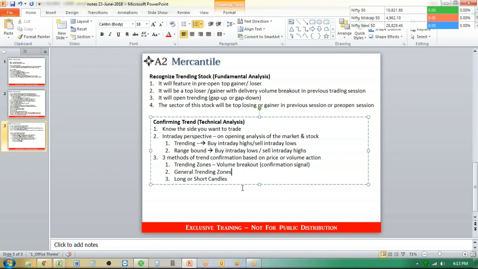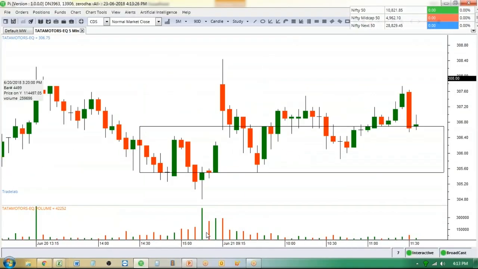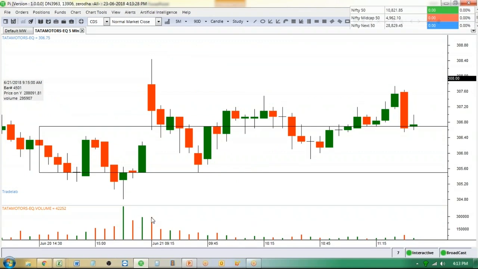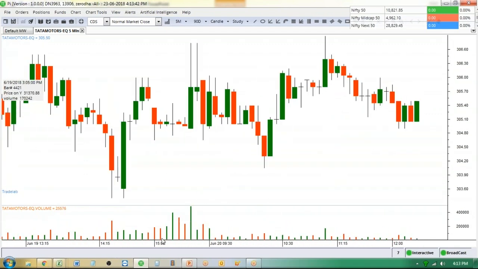Now, general trends are like this, where you have combinations of reds and greens. Let's say this area, so there's a combination of one red and two greens.